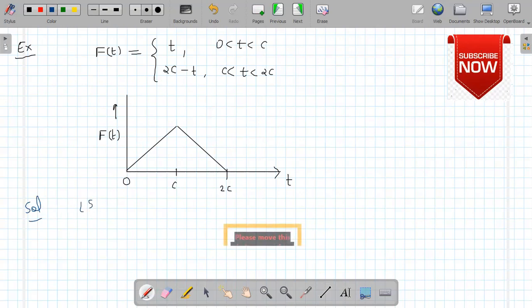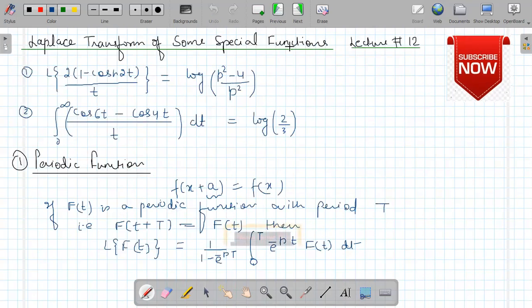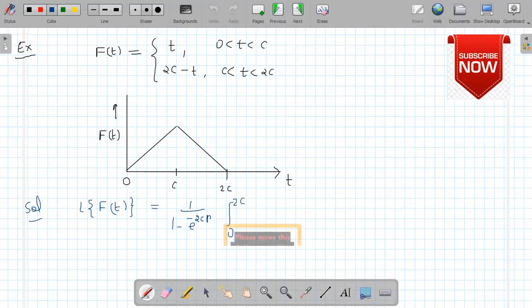We find the Laplace transform of f of t, which is defined as 1 upon 1 minus e to the power minus pT, where capital T is the period. So the period is 2c, into p, integral 0 to capital T, here it is 2c, e to the power minus pt f of t.